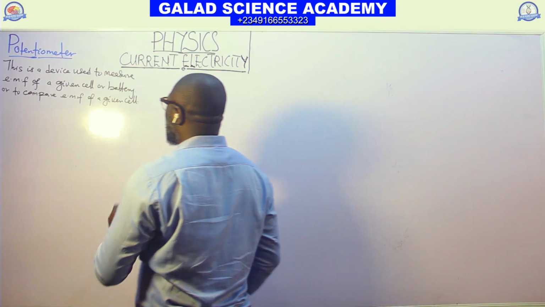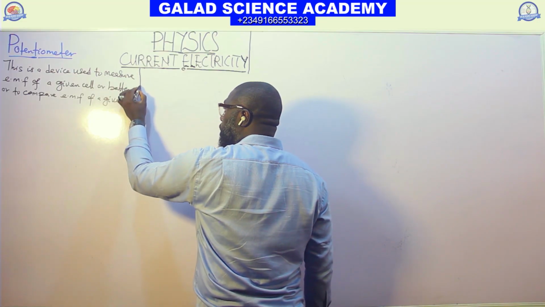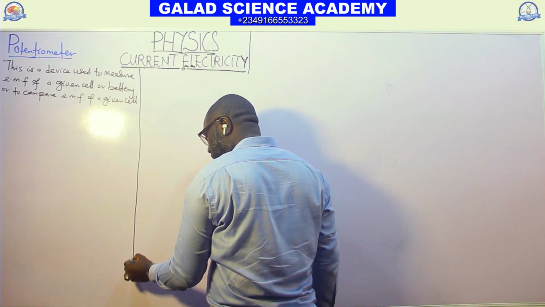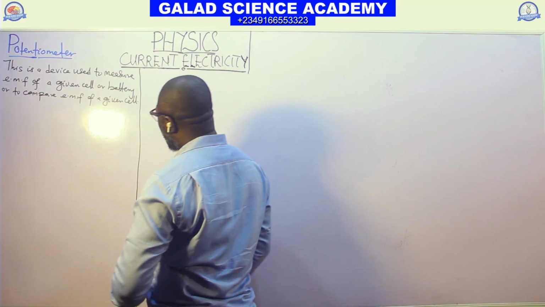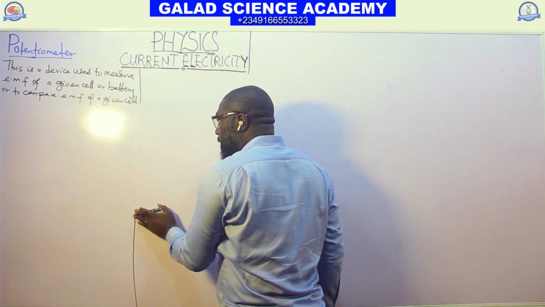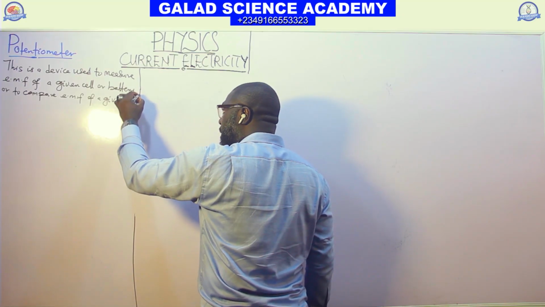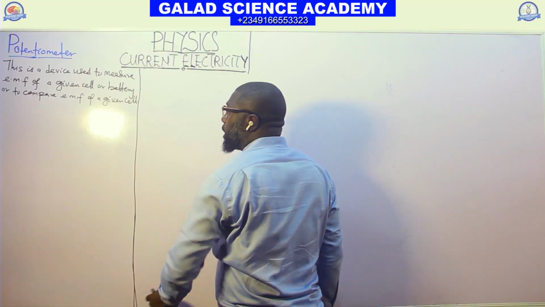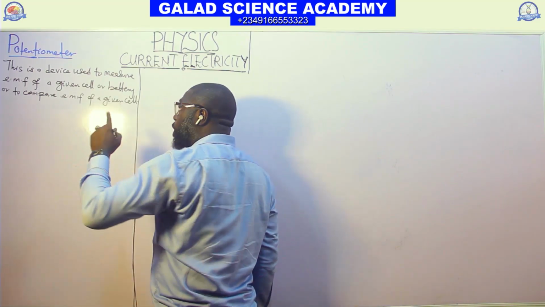We can use a potentiometer to measure the EMF of a cell. We can also use it to compare the EMF of cells.